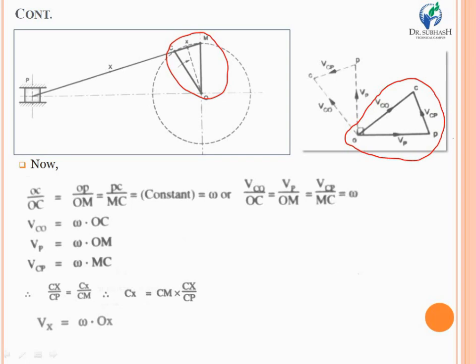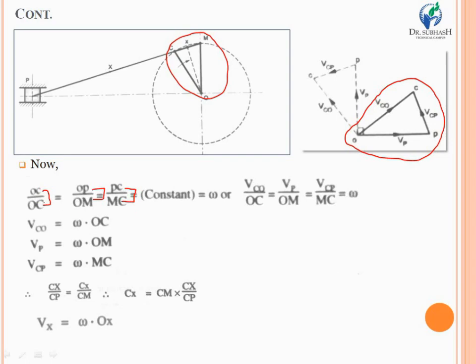Now for both triangles you can take the ratio: small OC upon capital OC of Klein construction is equal to small OP upon capital OM, that is equal to small PC upon capital CM, because over here OC is coincident with capital OC, OP is coincident with OM, and PC coincides with MC.